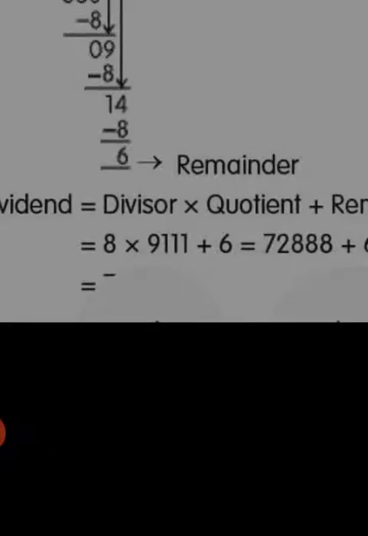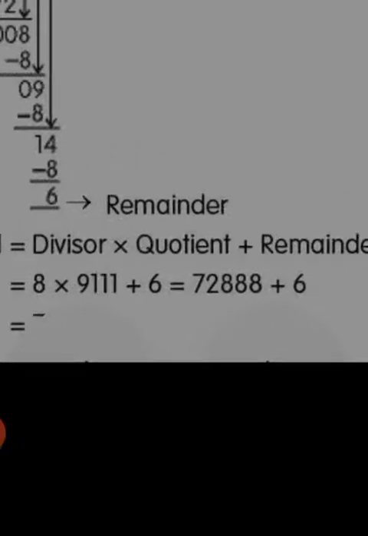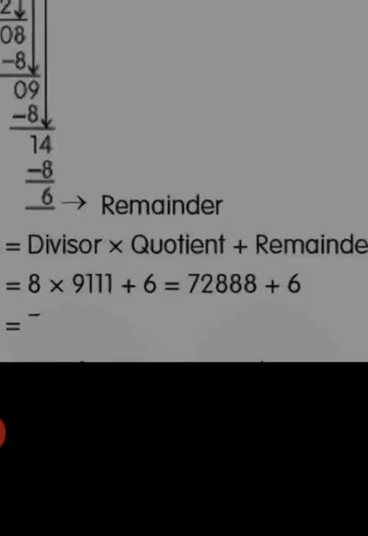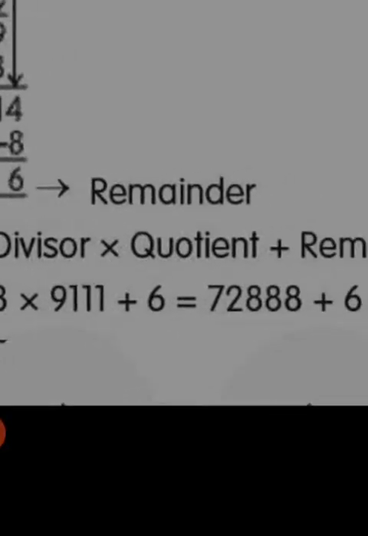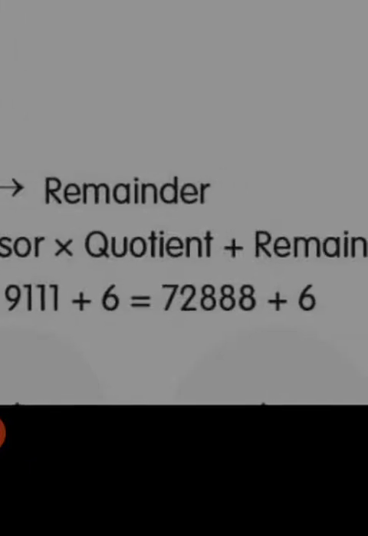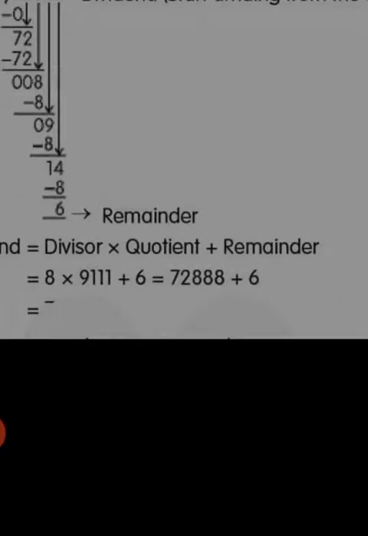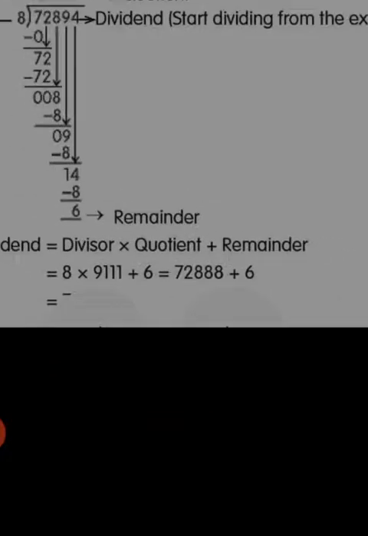So first multiply 9111 by 8. After multiplication you will get 72,888. Then plus 6. After addition you will get 72,894.